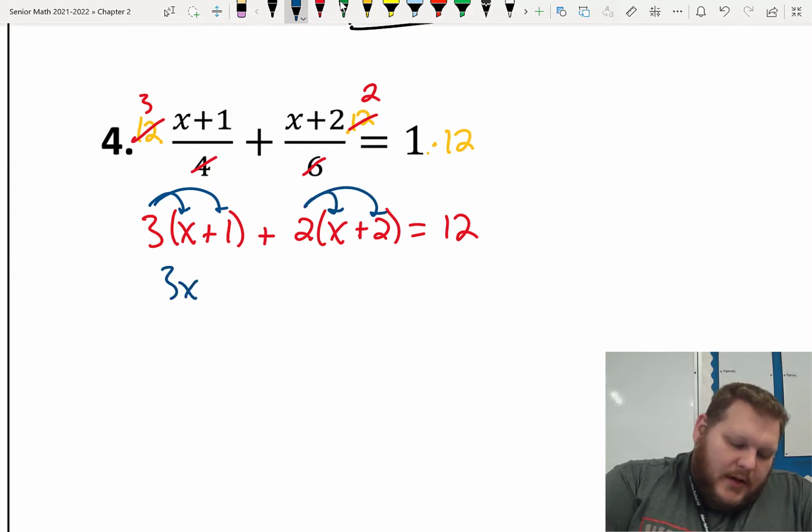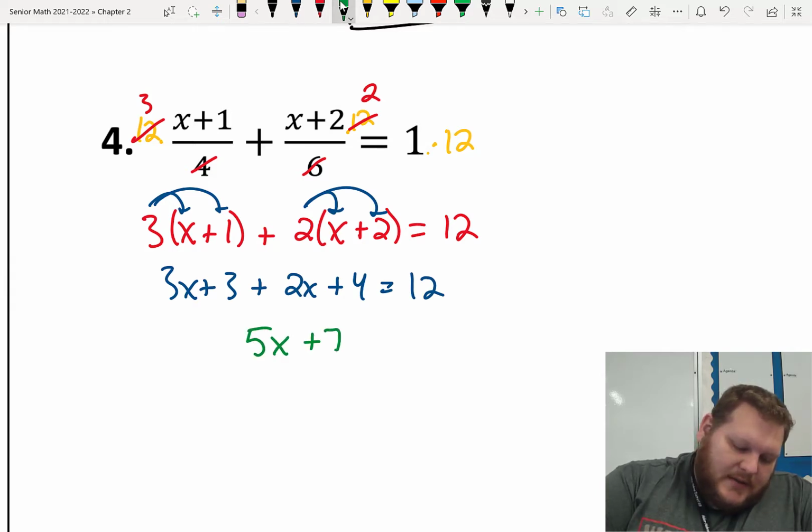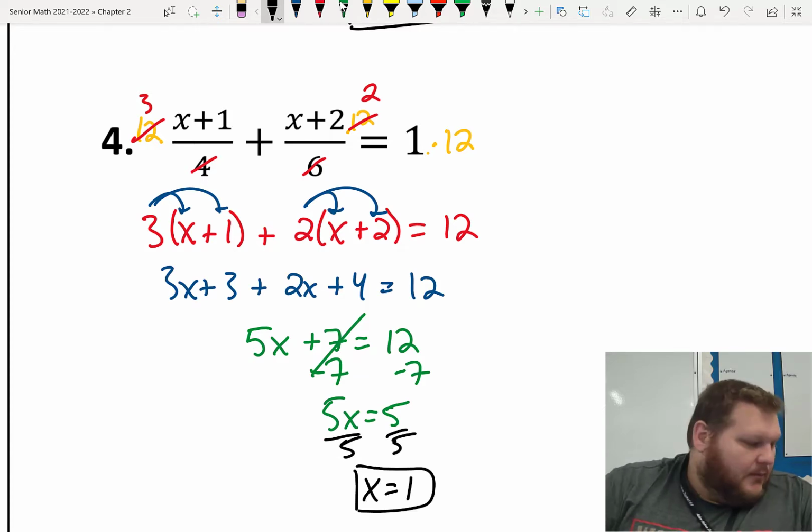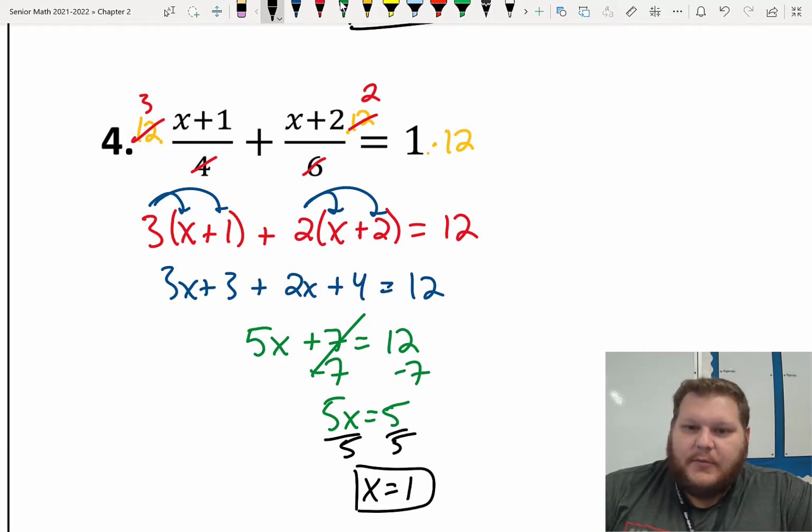That gives me 3x plus 3 plus 2x plus 4 equals 12. Collect up my like terms. 5x plus 7 equals 12. So when I subtract 7 on both sides, I get 5x equals 5. So of course, divide by 5 on both sides, and we get positive 1.